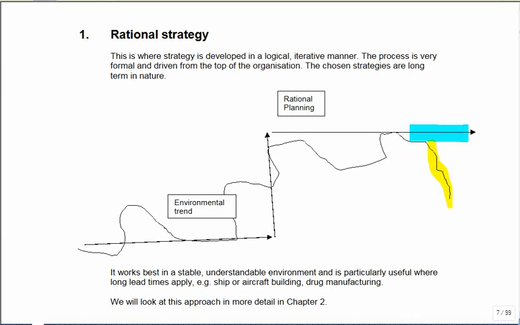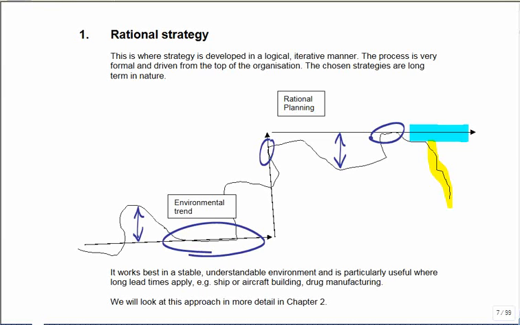So you can see that a potential issue with the rational strategy is it won't necessarily always keep us in line with the environment. There are times where we're very closely in line. A couple of times there, we're quite closely in line. So, at times we're absolutely spot on, but at other times, you can see there are some quite big gaps between the strategy and what's actually happening on the ground or out there in the real world.